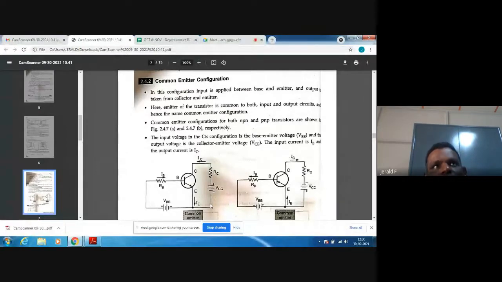Ground is a very essential thing in electronics.